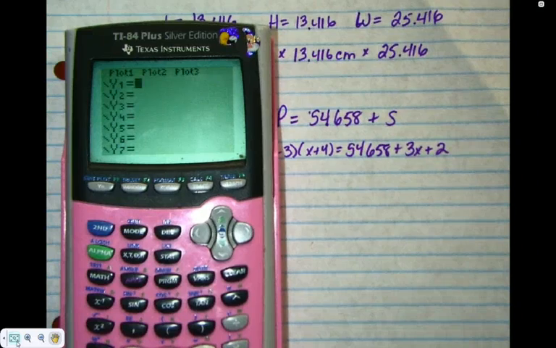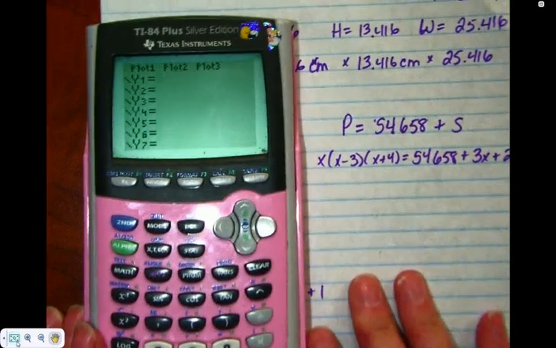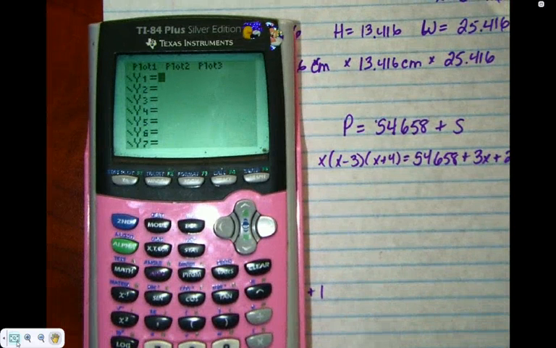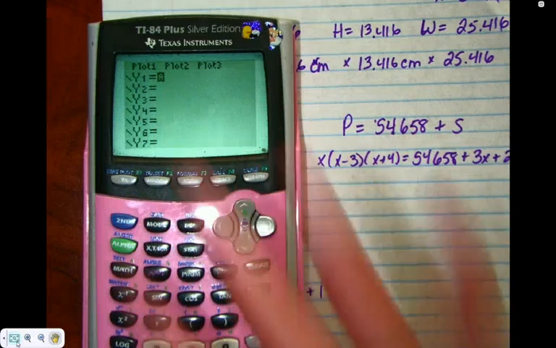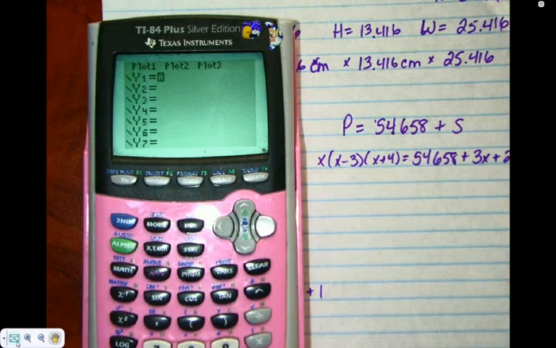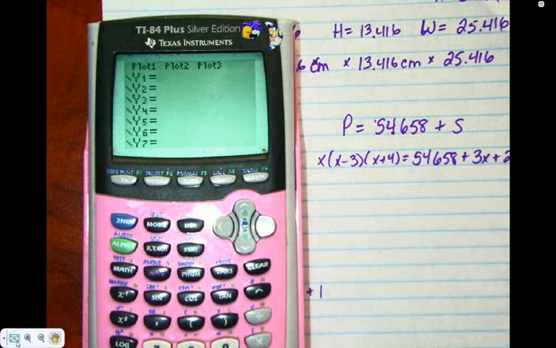It could be terrible. What am I going to put into y1? Do you want me to type the word stuff? I could. I can't find the S. Where's the S?